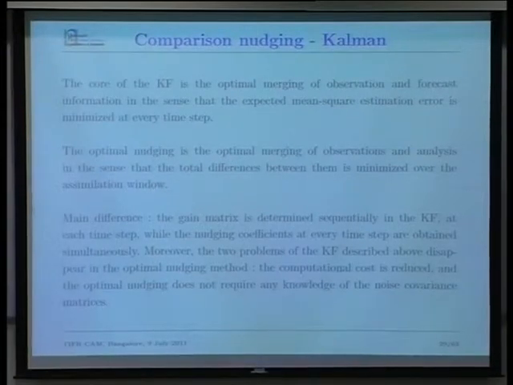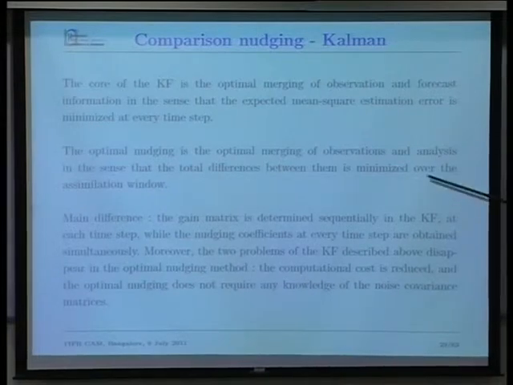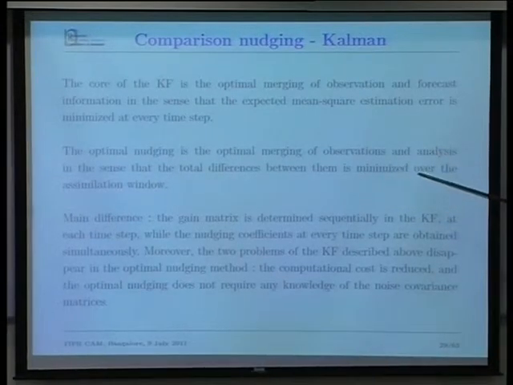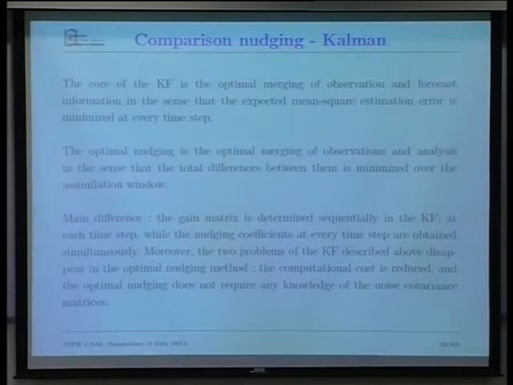Kalman filter is the optimal merging of observation and forecast information at each time you have some observation. Okay, you use the optimal gain matrix, which leads to the optimal interpolation between the observation and the state. In the optimal nudging, the goal is to minimize the total difference between the observation and the analyzed state.